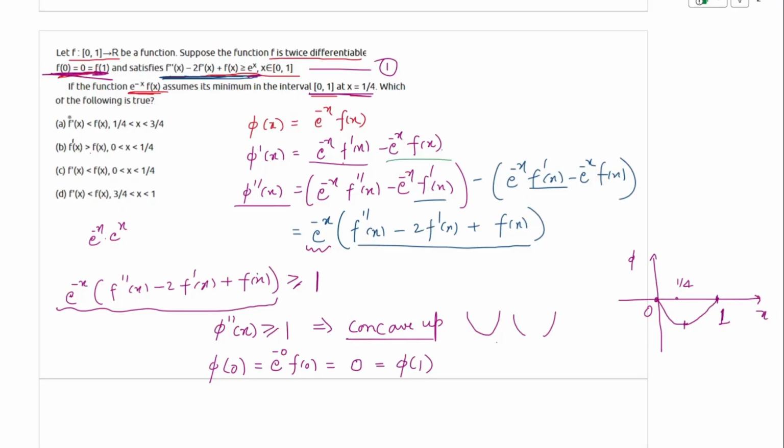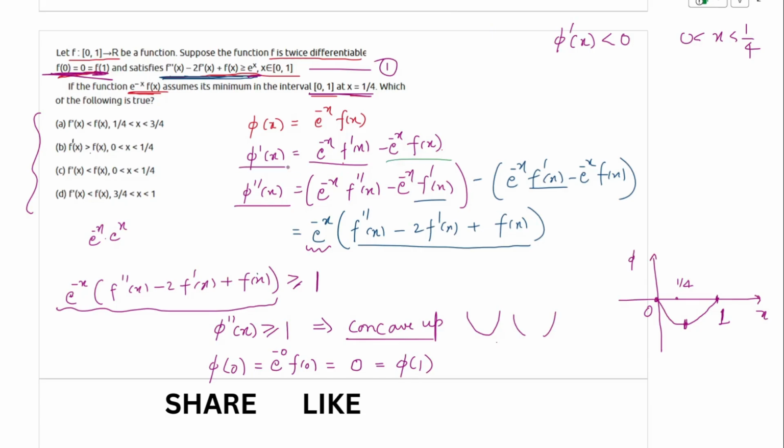You have to relate derivatives. See, all the options are talking about derivatives. What do I know? Can you see it is decreasing? From 0 to 1/4, your phi function is decreasing. Means that phi prime of x is less than 0 when x is lying between 0 and 1/4. Otherwise it is increasing. Now what is phi prime of x? Look here, this is phi prime of x.